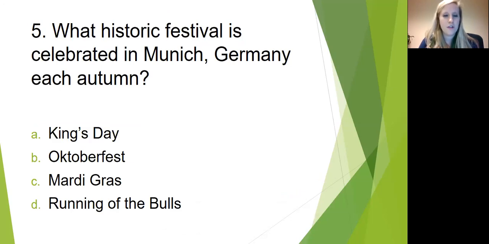Question 5. What historic festival is celebrated in Munich, Germany each autumn? Is it A, King's Day, B, Oktoberfest, C, Mardi Gras, or D, Running of the Bulls?